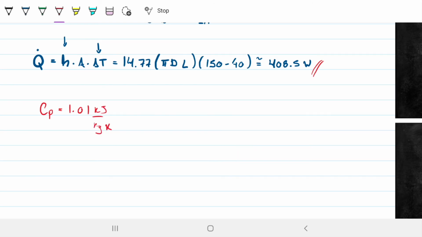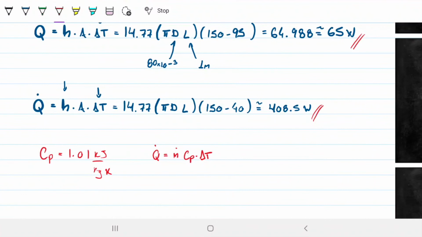And then the following situation occurs. The Q, the rate of heat, equals the mass flow rate times the heat capacity times the delta T of the air. Now, we can do both here, it's probably what we want to do. If it's 65, it's going to be 65 equals 1 over 60, which is the mass in seconds, times the 0.11 times 10 to the third to have it in joules instead of kilojoules.